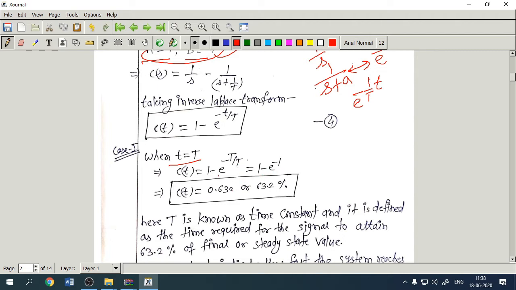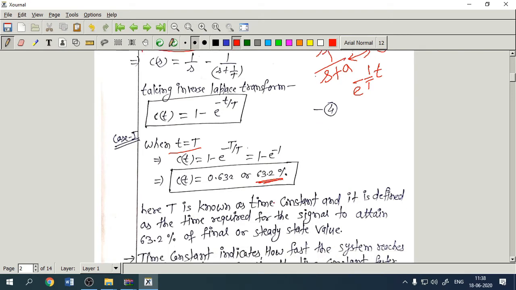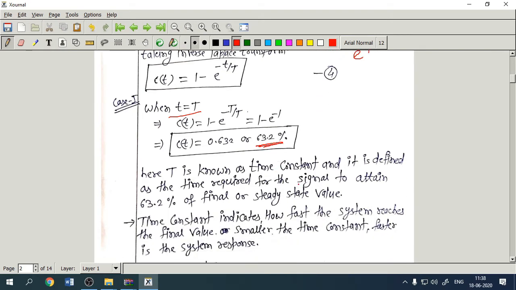Now we'll solve this value, we'll find 0.632, and in percentage form this value is 63.2%.